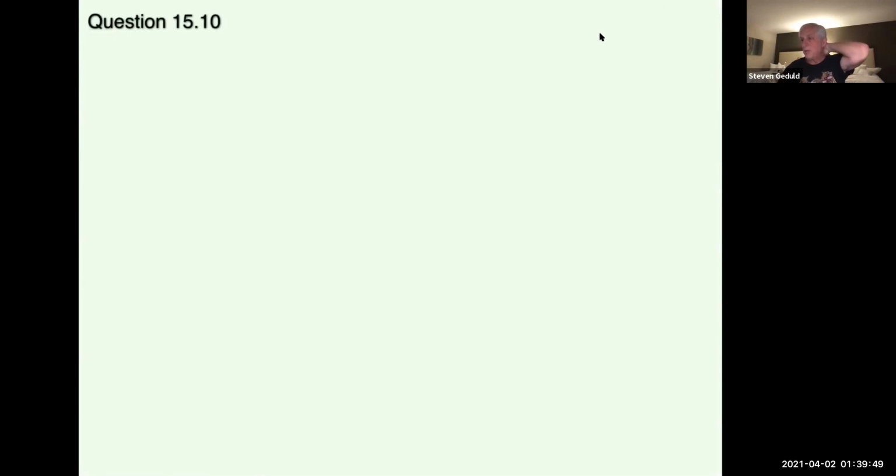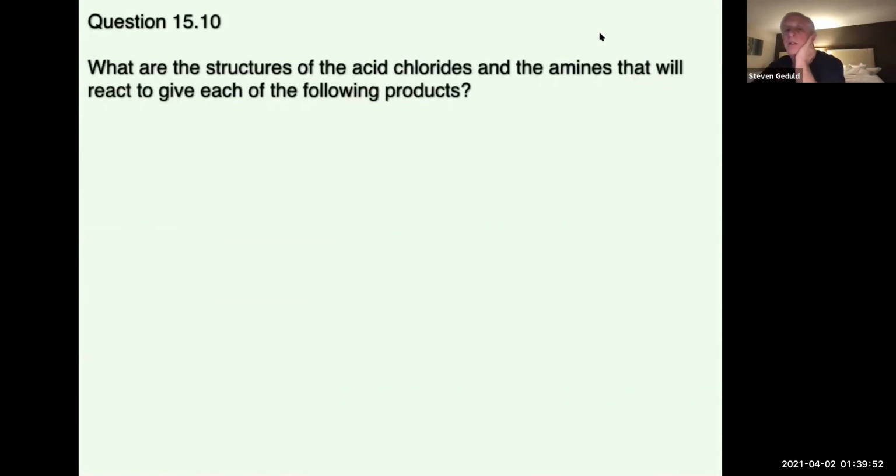Okay. And what are the structures of the acid chlorides and the amines that we react to give each of the following products? So look at the products. N-ethyl hexanamide. Okay, so we should be able to draw that. Again, organic chemistry, the big thing you must have learned this semester so far is work backwards. So we have hexanamide, so we have 6 carbons, and it's going to be an amide bond.